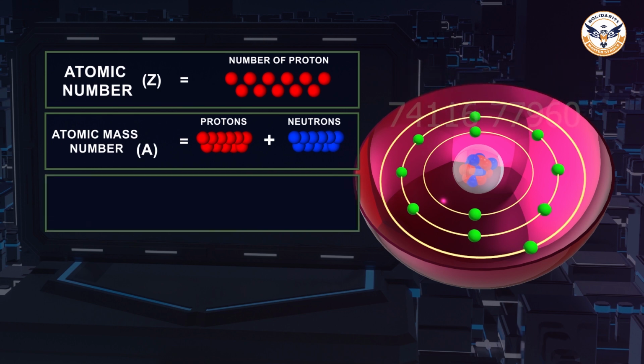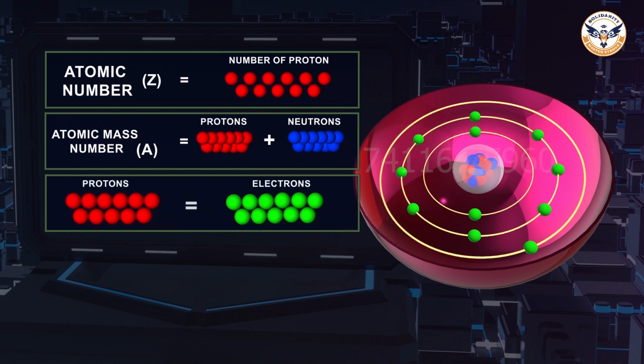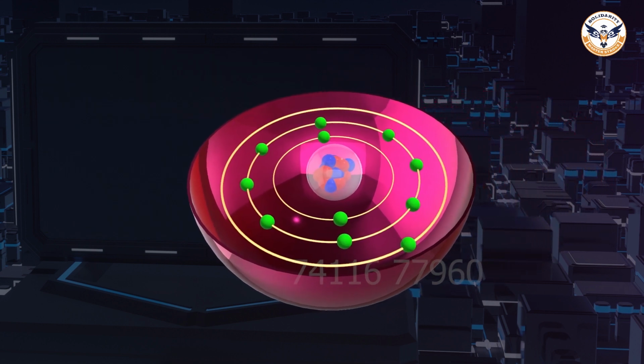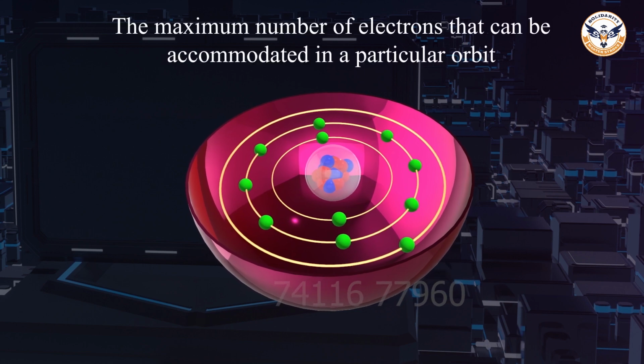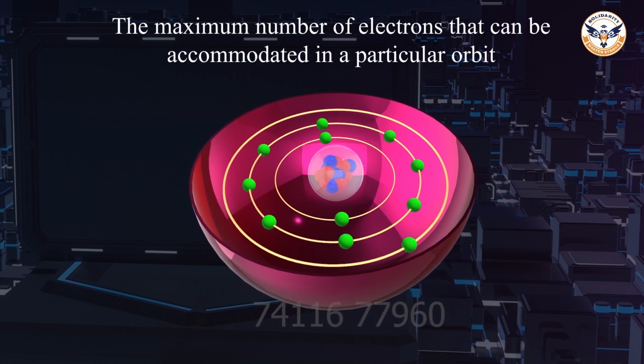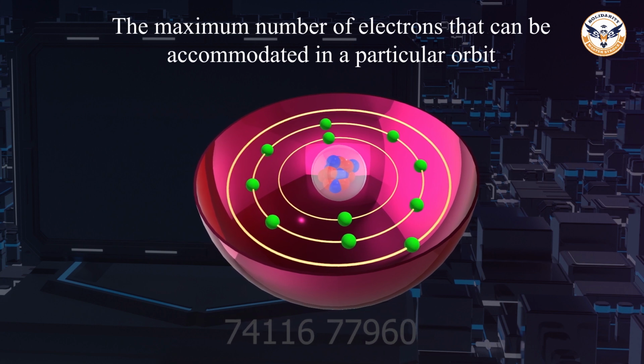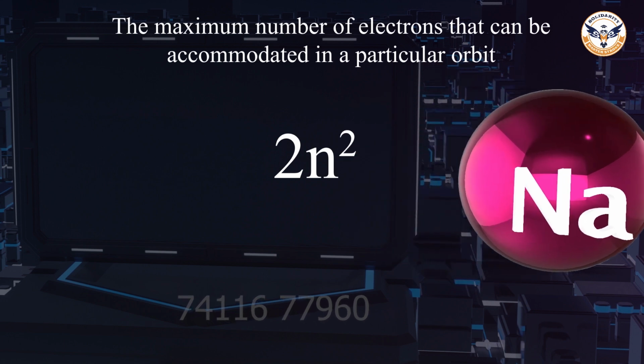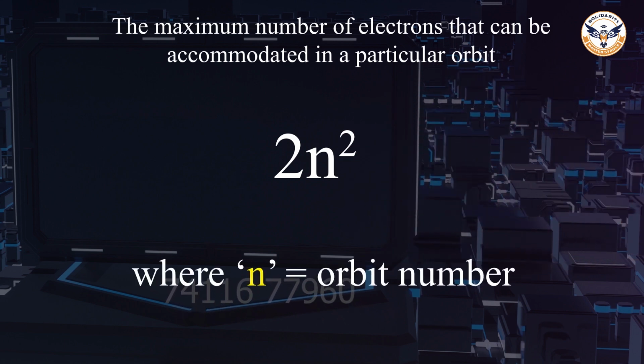We need to understand here that the number of electrons in an atom is always equal to the number of protons, which makes the atom electrically neutral. Every orbit has a certain capacity to accommodate electrons. The maximum number of electrons that can be accommodated in a particular orbit is determined by the formula 2n squared, where n denotes the orbit number.